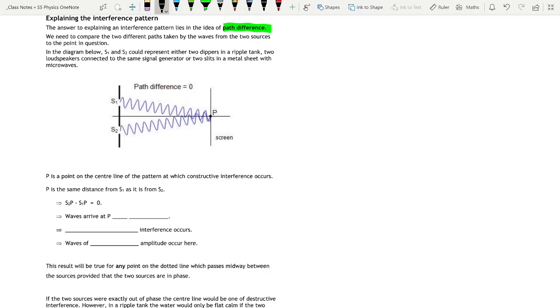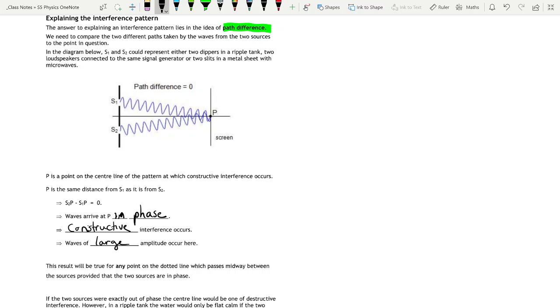So the distance S2 to P minus S1 to P, because they're the same, it's just 1 minus 1 or 2 minus 2, it's 0. So the waves arrive at P in phase. Because they're in phase, that means constructive interference occurs, and waves of a large or positive amplitude occur here.